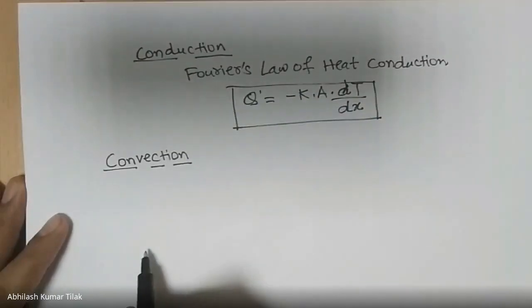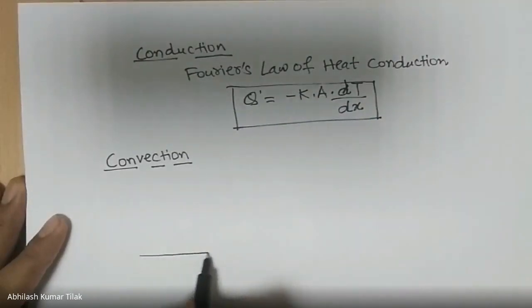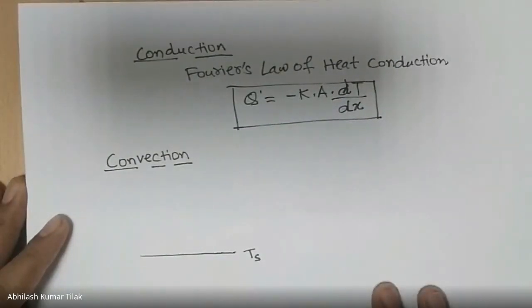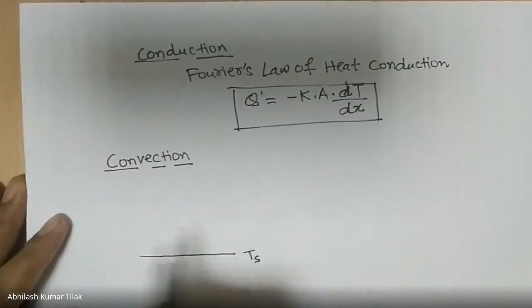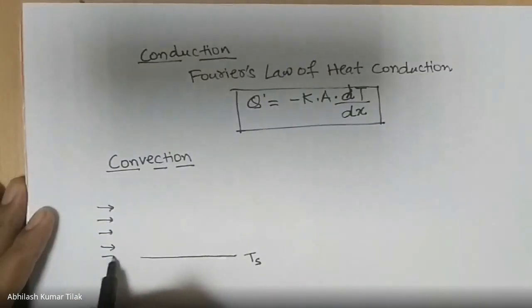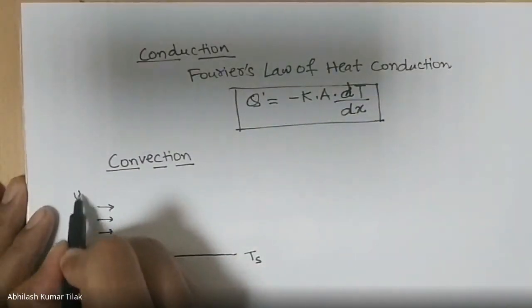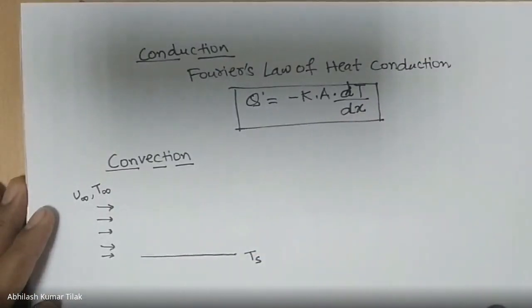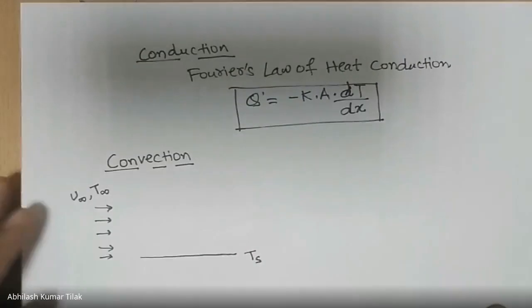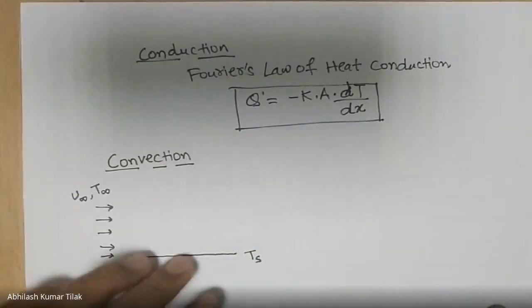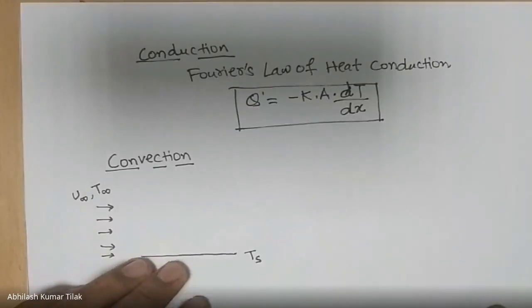Let us consider that there is a hot surface which is at temperature Ts, and let us consider a fluid flowing over this hot surface with a velocity u infinity and temperature T infinity. Now when there is no bulk fluid motion, the heat transfer mode will be only due to conduction.